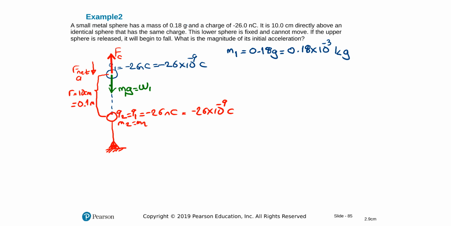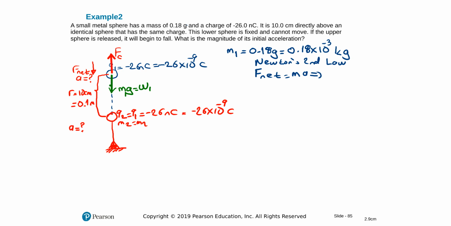What is the magnitude of its initial acceleration? Actually, the question is asking us, what is that acceleration? So A, question mark. What we're going to use here is Newton's second law. Let's remember that. Acceleration times mass is equal to net force. One way of expressing this. Or acceleration is directly proportional to net force, inversely proportional to mass.